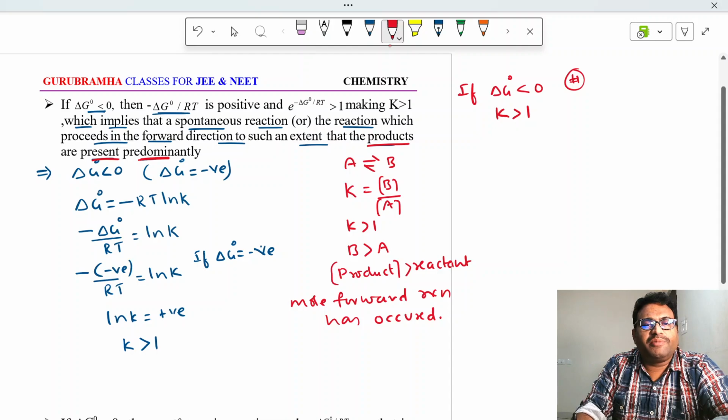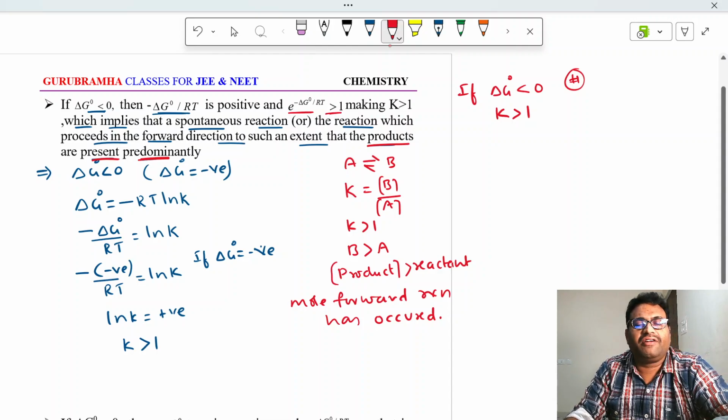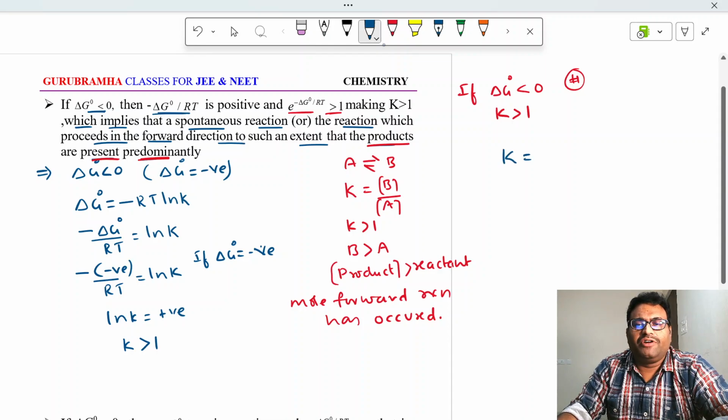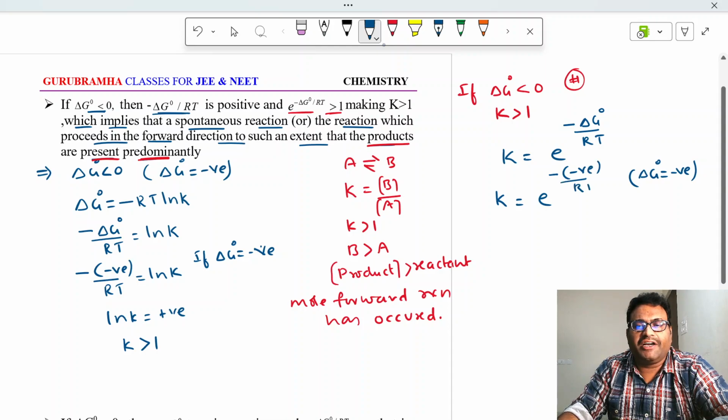And here it is mentioned that e power delta G naught by RT is greater than 1. Let us see. Already we have seen that K is equal to e power minus delta G naught by RT. If delta G naught is negative, then K is equal to e power minus of minus by RT, so K is equal to e power plus by RT.